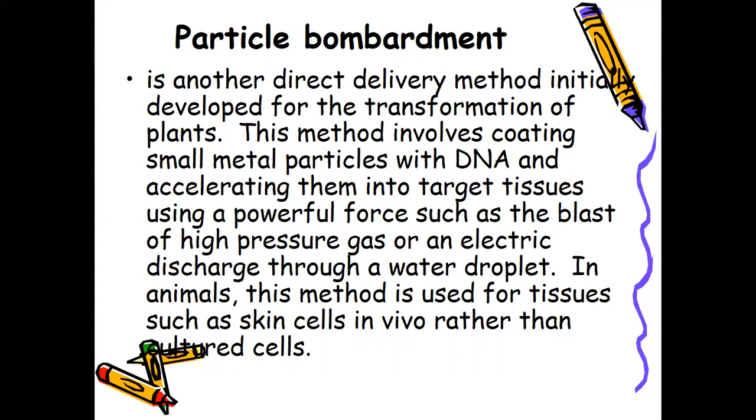This method involves coating small metal particles with DNA and accelerating them to the target tissues using a powerful force such as a blast of high pressure gas or an electric discharge through a water droplet. In animals, this method is used for tissues such as skin cells in vivo rather than cultured cells.